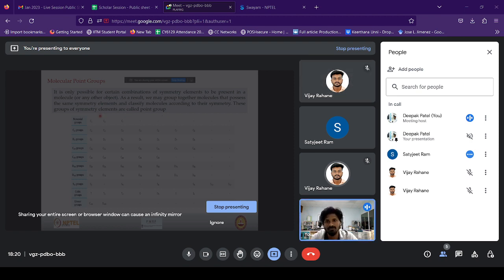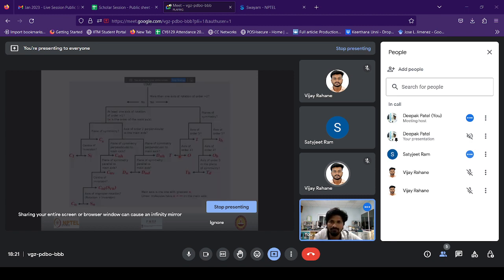The molecular point groups are assembled in one tabular form, based on their symmetry operations. The non-axial groups, then the Cn groups starting from C2 to C8, then Dn, D2n, and so on; based on the symmetry operations, we can distribute molecules into different groups. Suppose you have a molecule. To start, just see whether any axis is present or not. If you follow this chart, you will get the exact idea of which group the molecule belongs to, whether it is the least symmetry group, the highest symmetry group, or in the middle.